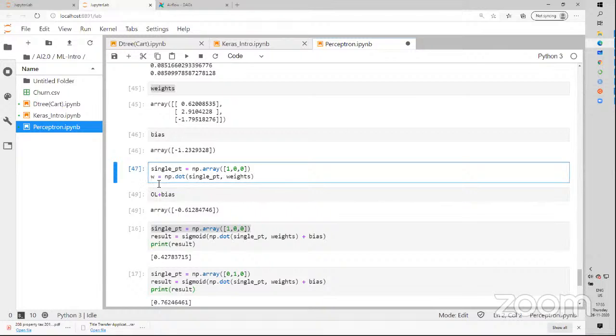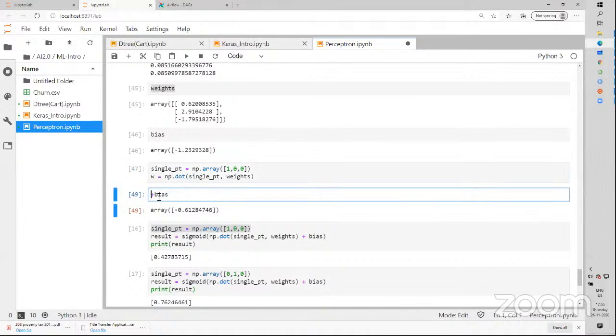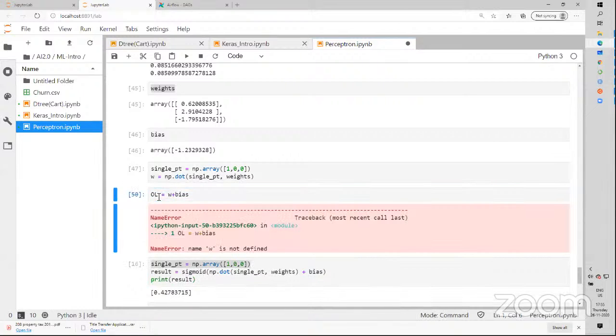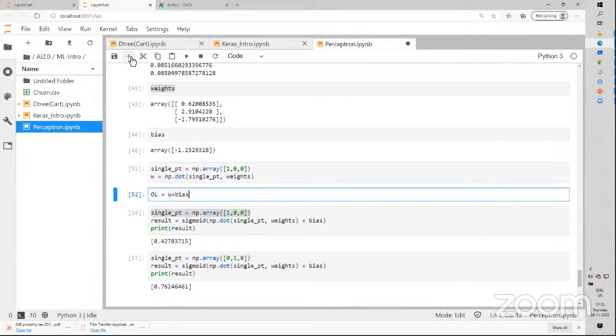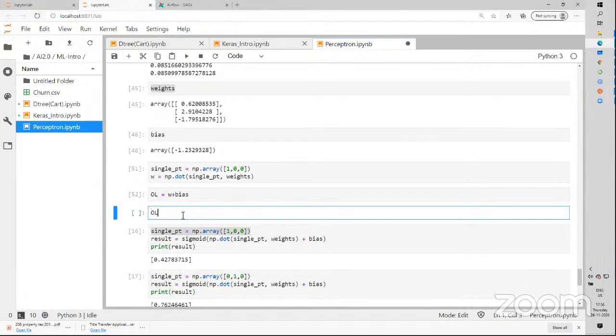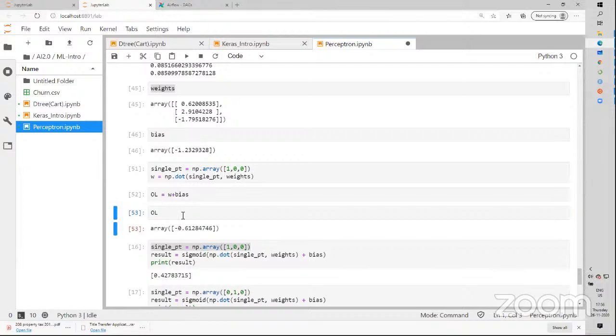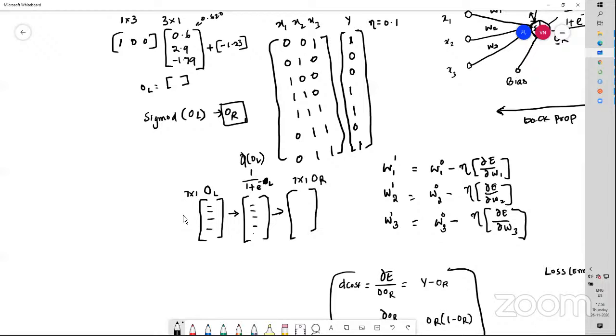So let's call this W. Now W plus bias is your OL, the output generated. Let's look at this value. Our OL value is minus 0.6. When we multiply this with this column matrix and add the scalar, we got minus 0.6.